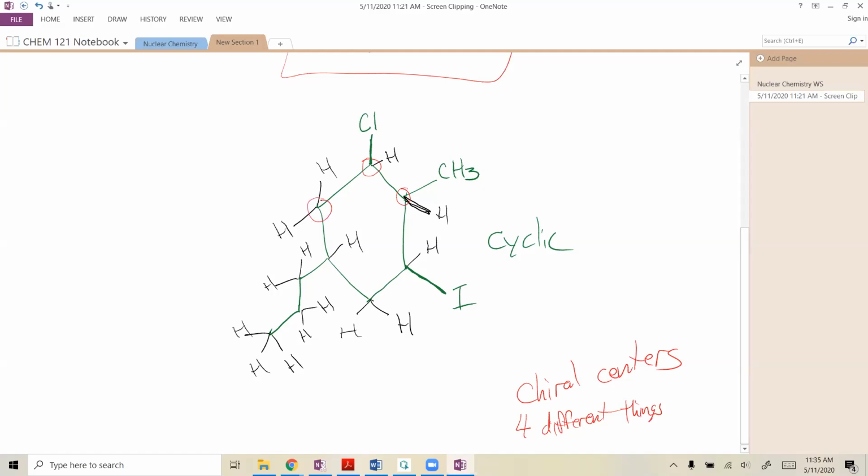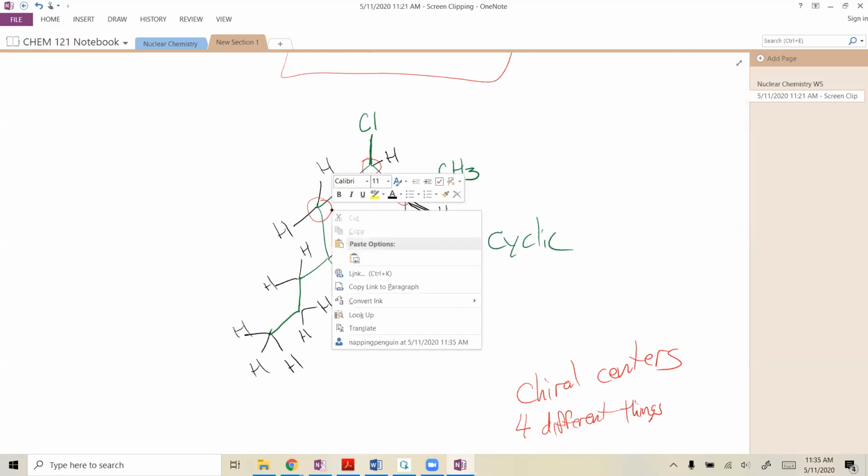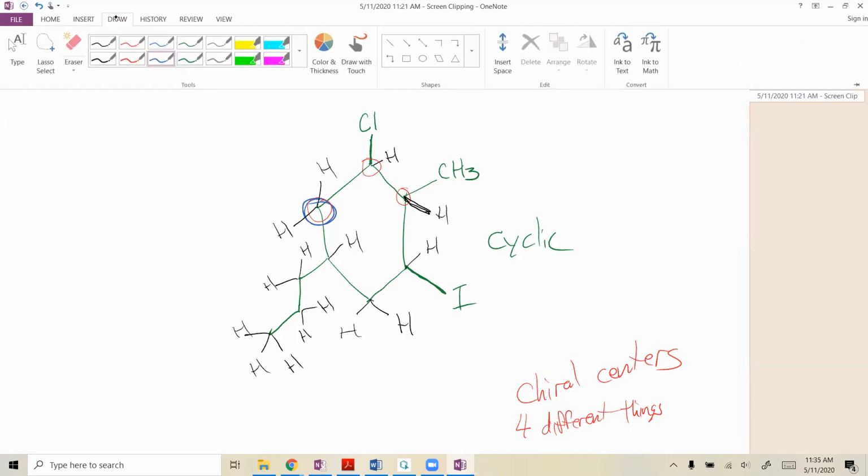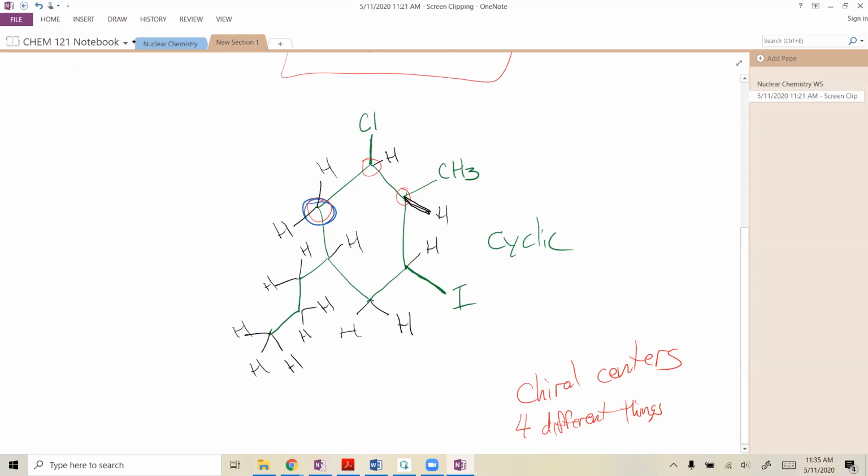So this one here, does that look like it's a chiral? Right, this one that we just, oh, I'm going to do it in blue. This one that's circled in blue. Is that one connected to 4 unique things, or is it just connected to 4 things? Right? And so because they're not all different, we have 2 hydrogens there, then that blue one can't be chiral because it has 2 hydrogens.